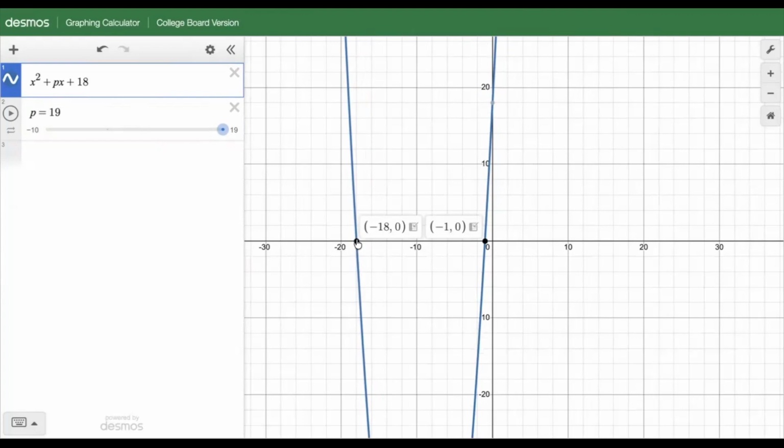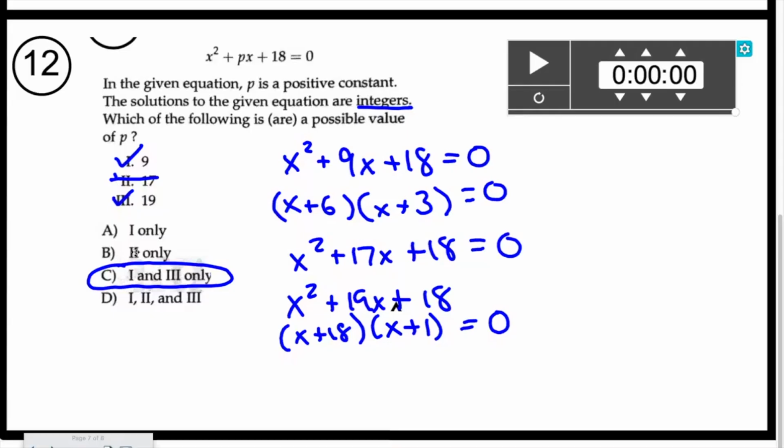So this probably is faster. You just run through all three options and you just got to know what you're looking for. And we see that for 9 and 19, we get x-intercepts that are integers. So the answer was C.